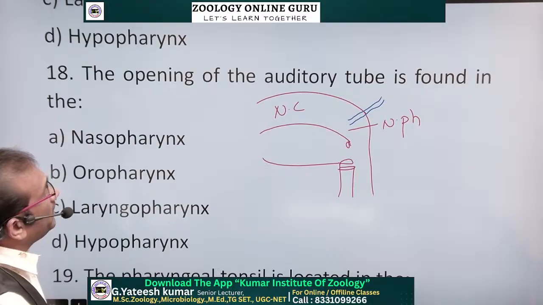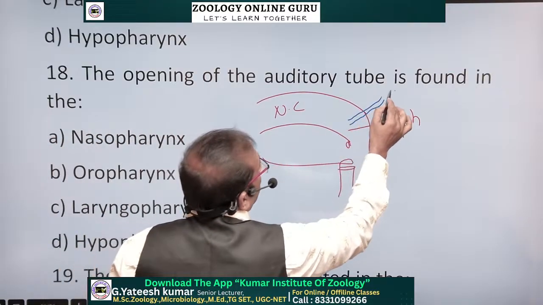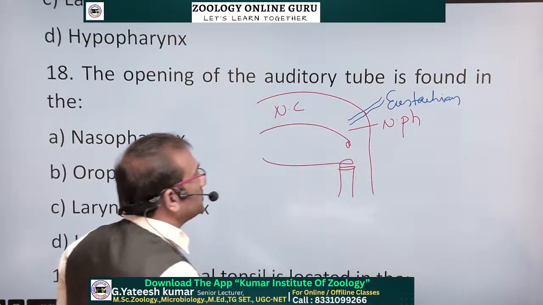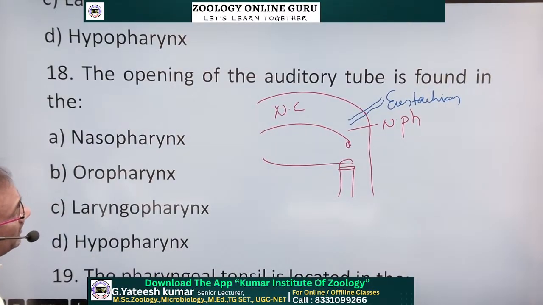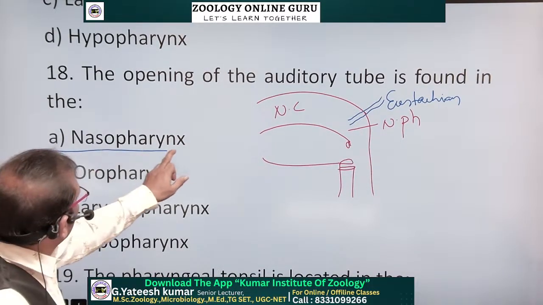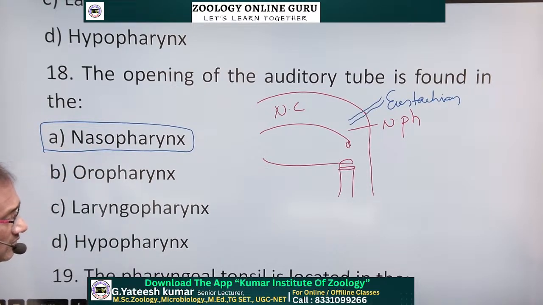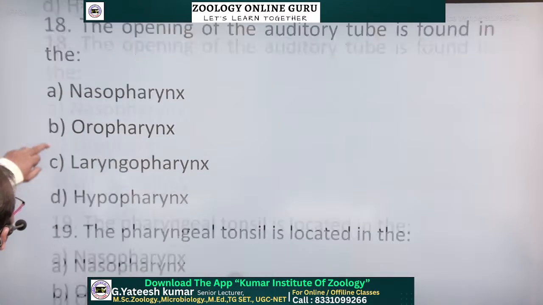This is the auditory tube, the Eustachian tube. This Eustachian tube enters into the nasopharynx. The answer is A, nasopharynx. Is there any doubt, anybody? Next one, the 19th one.